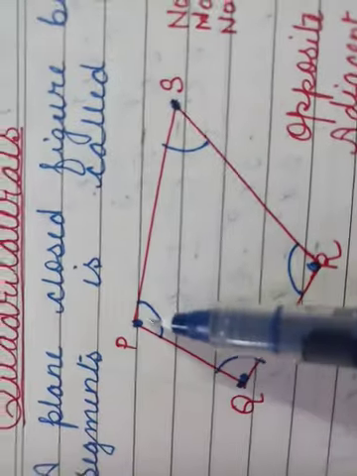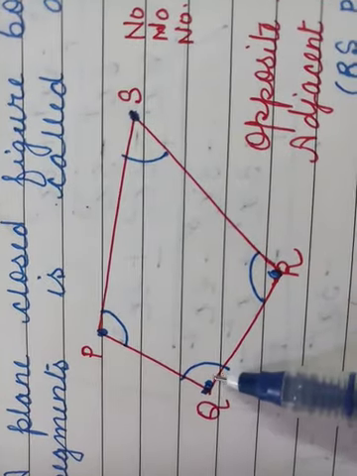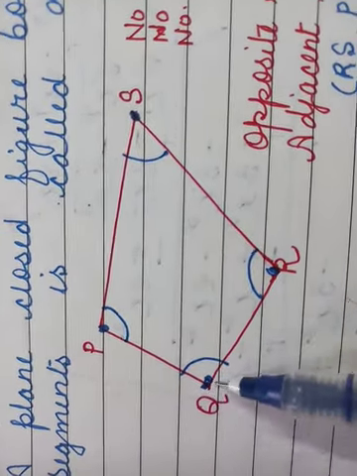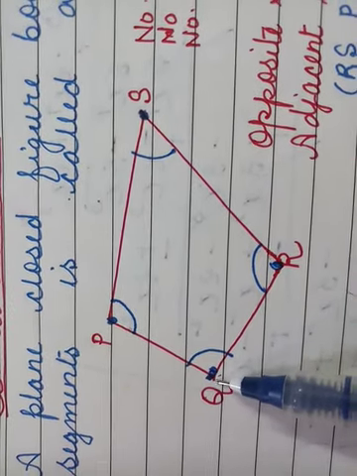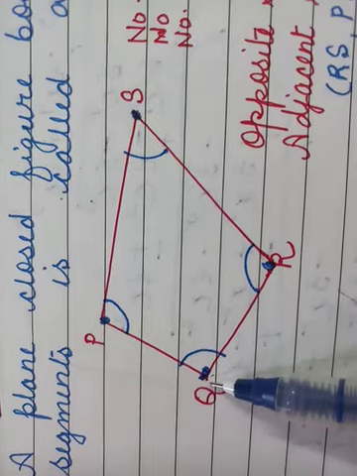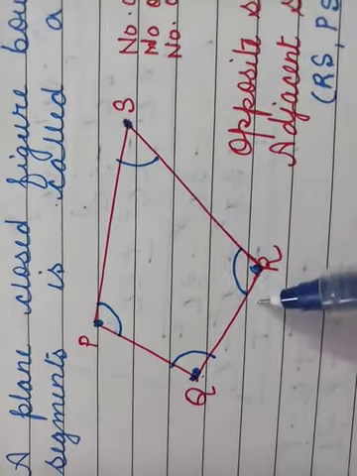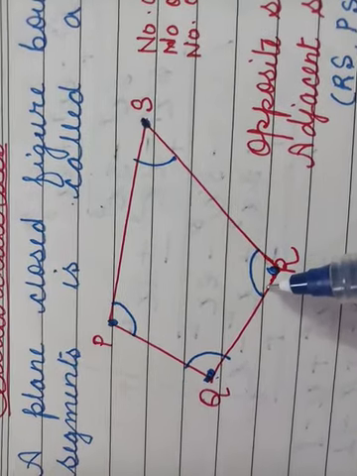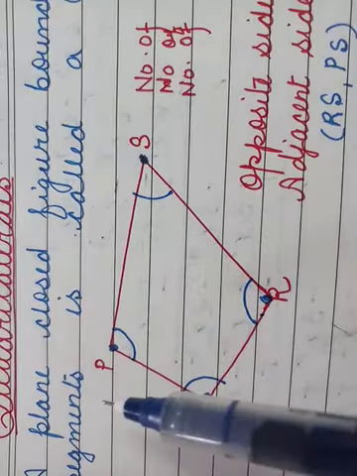The sides which have one endpoint common are known as adjacent sides. As we have PQ and QR, they have a common endpoint, that is Q. Therefore, PQ and QR are adjacent. If we say QR and RS, they have R as an endpoint common to them, so these are two adjacent sides.